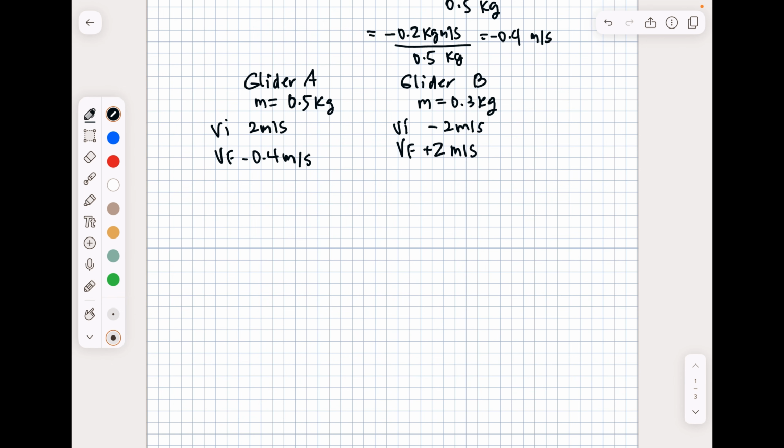So the question asked us to examine their change in momentum and the change in velocity between before and after the collision for each object. So in other words, PA final minus PA initial for each. Okay, 0.5 kilograms, and then final minus initial.